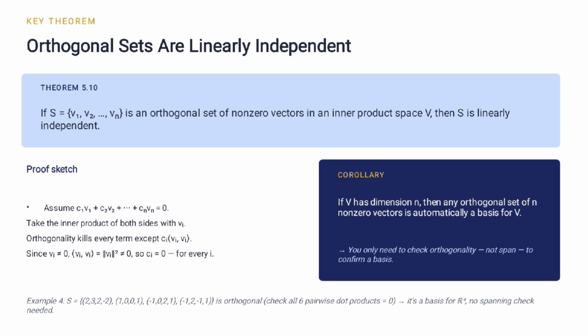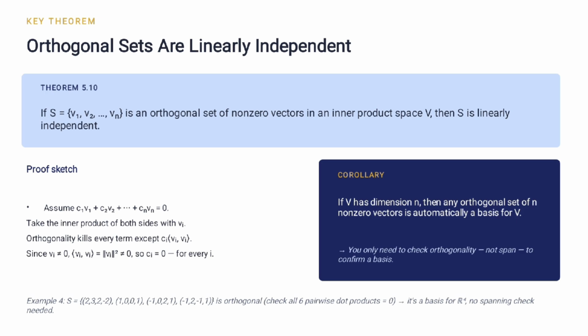One of the most important results in this section is Theorem 5.10. It states that any orthogonal set of non-zero vectors is automatically linearly independent. The idea behind the proof is simple. Assume a linear combination of the vectors equals the zero vector. Taking the inner product with one vector removes all the other terms because they are orthogonal.